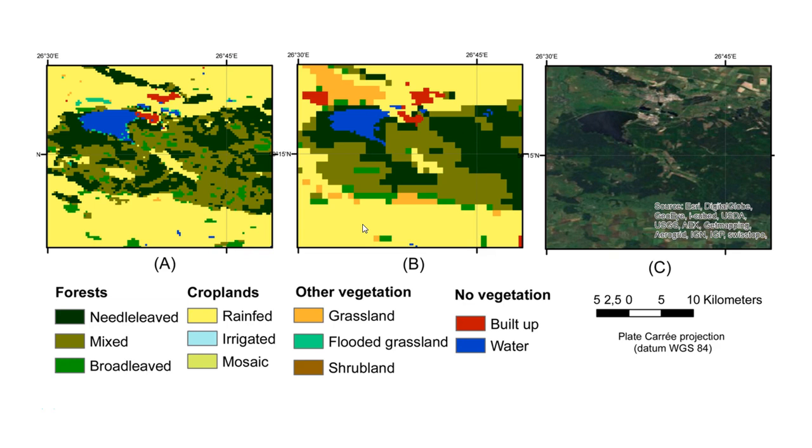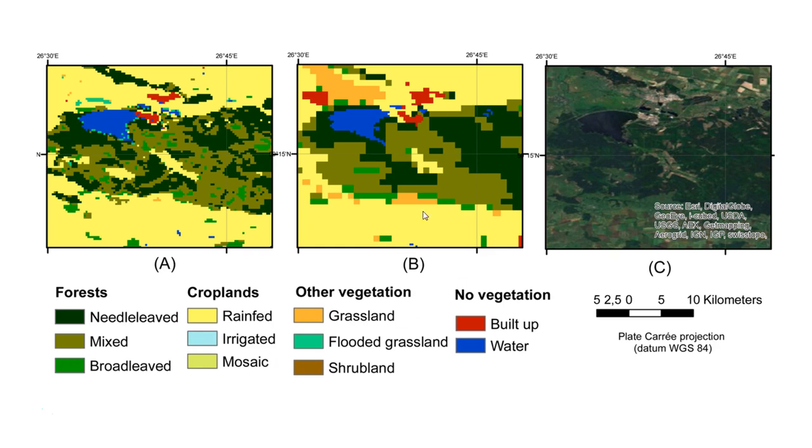Then this yellow color looks like they're calling it rain-fed. And then our light greens and dark greens are all mixed, broadleaf and needle-leaf forests. Our croplands, we can see those down in the bottom here, and in our class product it's also calling those rain-fed or maybe a grassland.